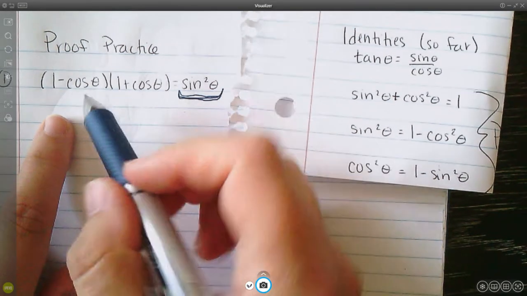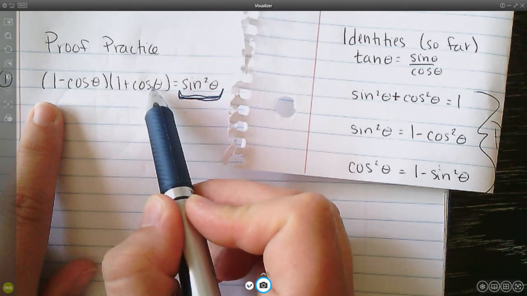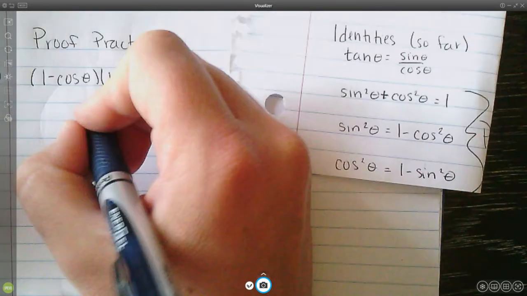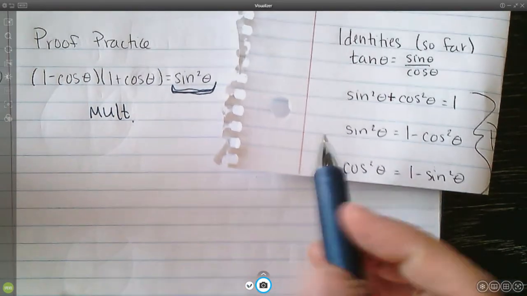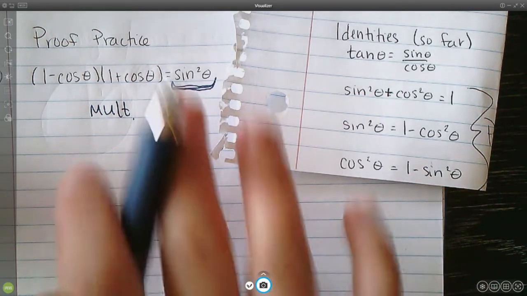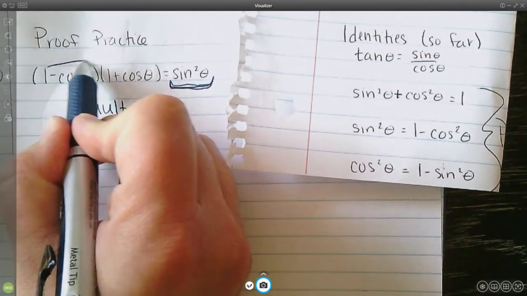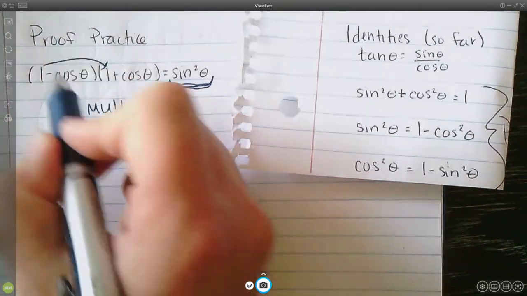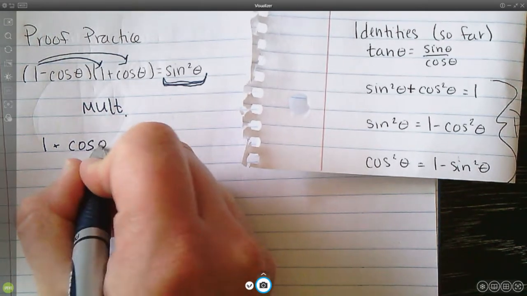Well, on this side we have two binomials: 1 minus something and 1 plus something. So what we can do is multiply. I always look to see if you can substitute something first. If you can't, then look at what other math you can do. So I take 1 times 1, that gives me 1. 1 times cosine theta is cosine theta.